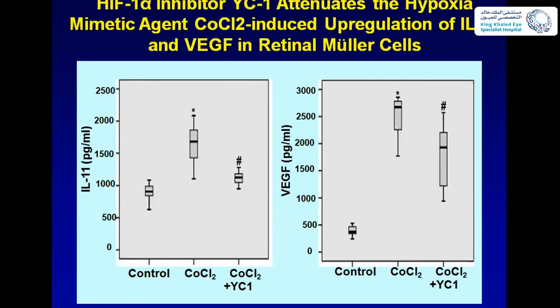It means that there is hypoxia. As we discussed earlier in tissue hypoxia, in Muller cells also we found that because of hypoxia the level of interleukin 11 is increased, and VEGF treated with cobalt chloride also shows a significant increase. So there is a correlation between interleukin 11 and VEGF in the hypoxic condition.